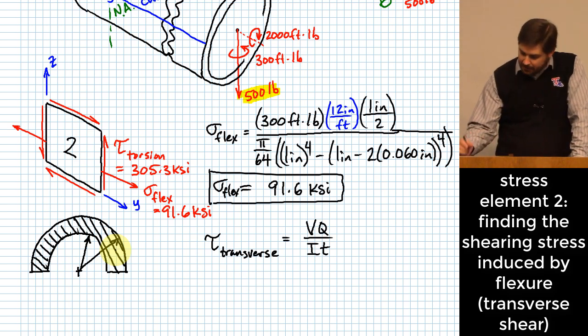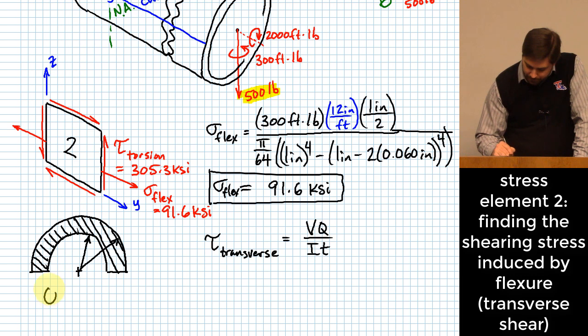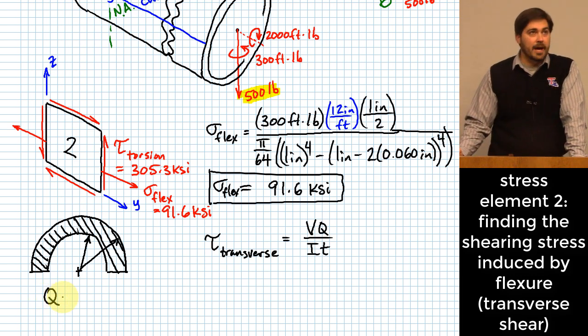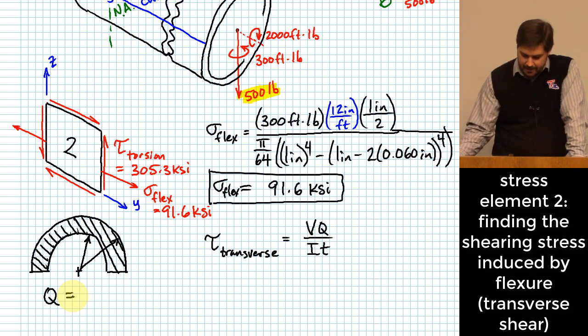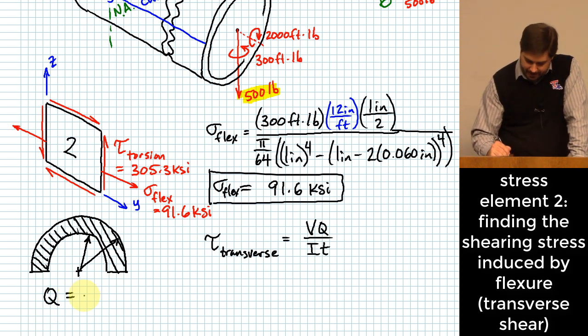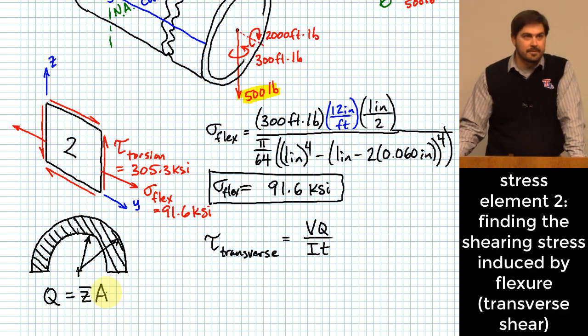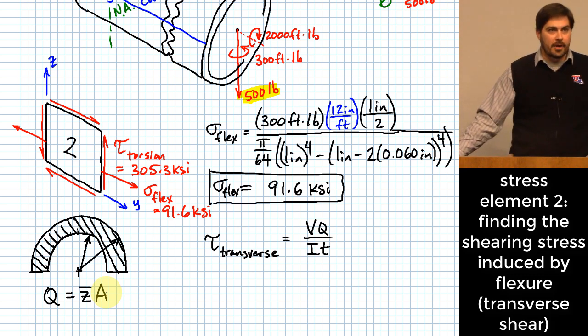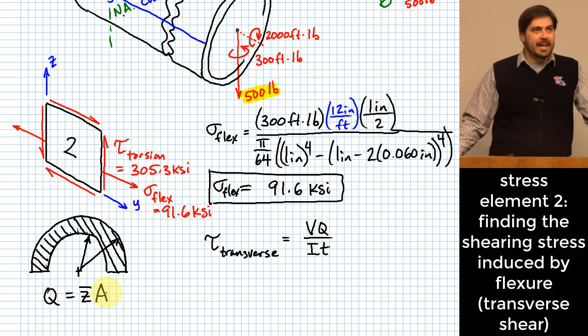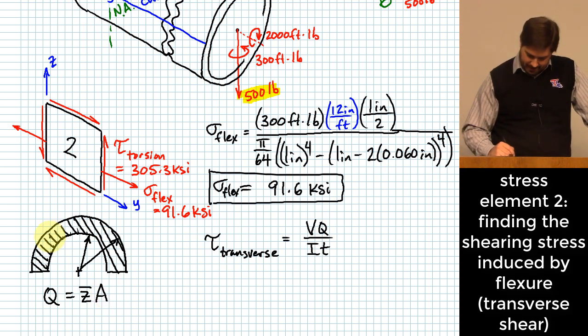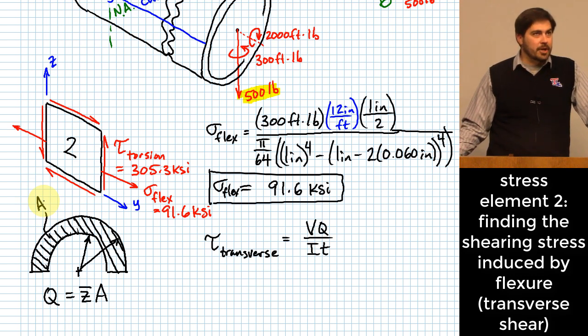Okay? Now here's a formula you might remember whenever we were figuring out this Q value, which is this first moment of area above the cut. You might remember seeing something where it was maybe a Z bar times A. Okay, and we have to define what those mean. A might be easy enough for us to guess. What do you think A is? Okay, that's just the area that we're cutting through there.